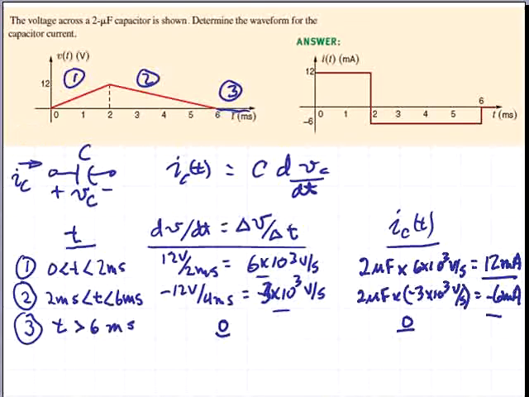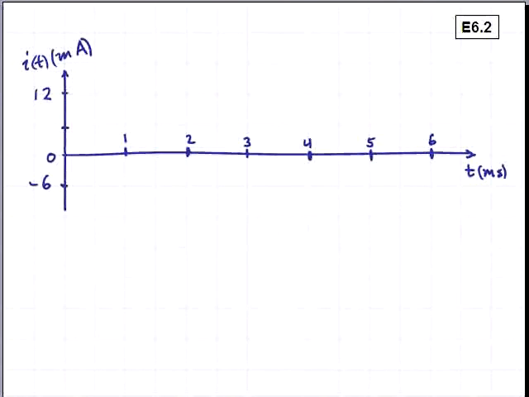So now we can proceed to plot that current waveform, and we begin over the period of 0 to 2 milliseconds with a current amplitude of 12 milliamps.